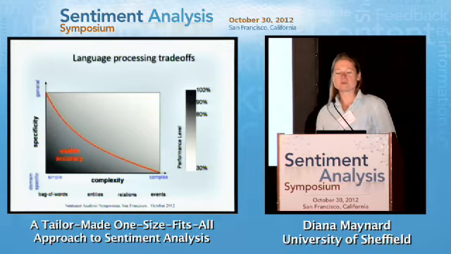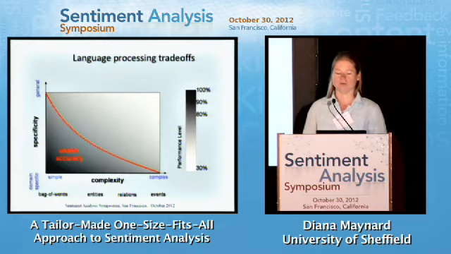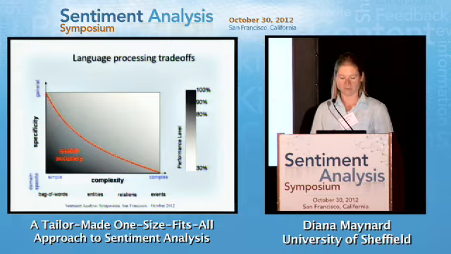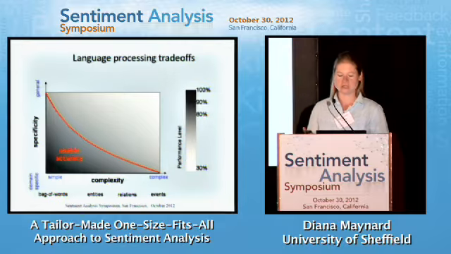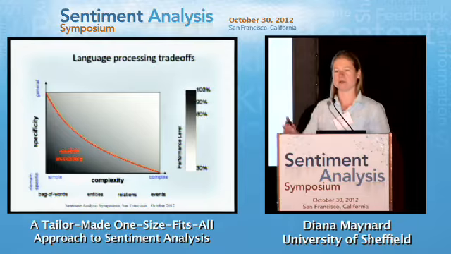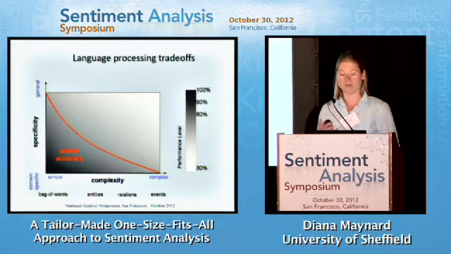So there's a language processing trade-off, and this applies to all kinds of language processing, not just opinion mining. As you go from, on the one hand, a very simple task, for example, bag of words, to a more complex task, for example, entity recognition is harder, relation extraction is harder than entity recognition, event detection is even harder, and opinion mining is probably even further off the scale, because that's really a hard task to do well for NLP.